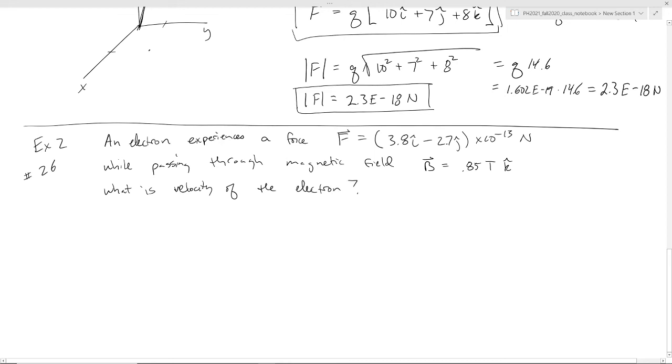That is, what are vx, vy, vz. So let's set this up.